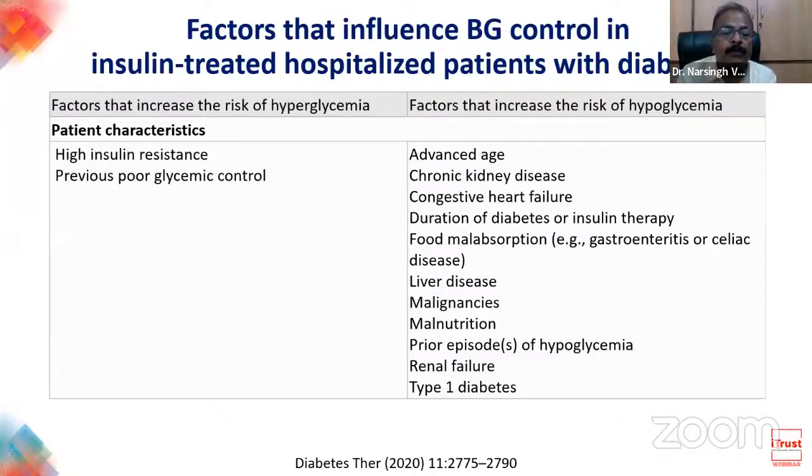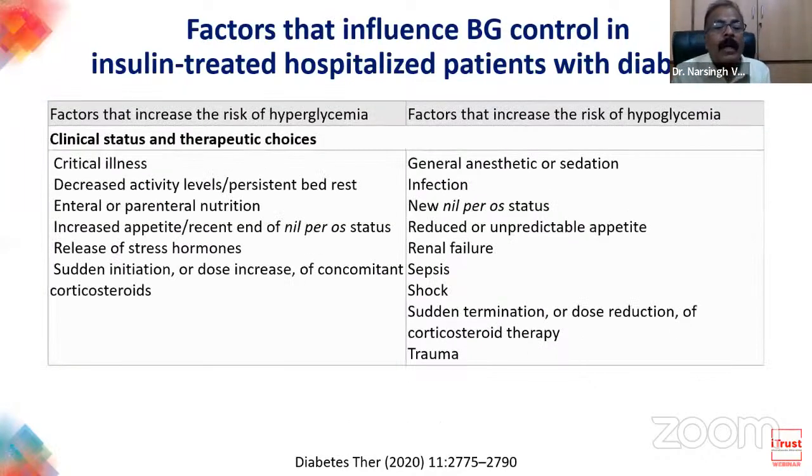Next one, please. Factors that influence blood glucose control in insulin-treated hospitalized patients with diabetes. Here, the clinical status and therapeutic choices are responsible for factors that increase the risk of hyperglycemia, like critical illness, decreased activity levels, persistent bed rest, enteral and parenteral nutrition, or increased appetite, recent end of nil per os status.